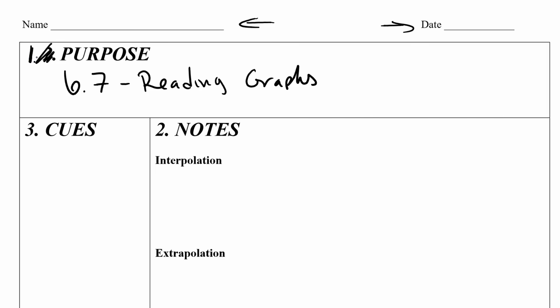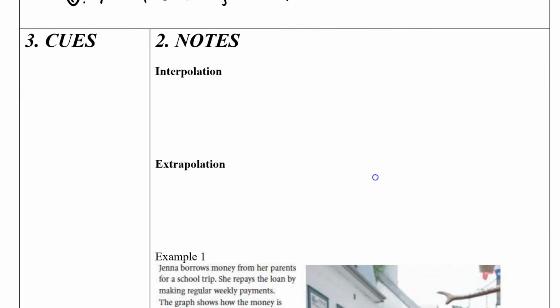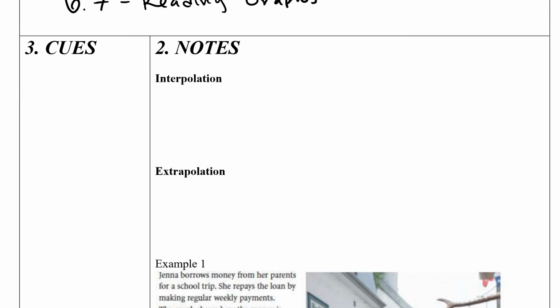Before we go into reading graphs, we're going to be using 2 words quite a bit in the next few minutes: interpolation and extrapolation. So interpolation is reading information between data points.